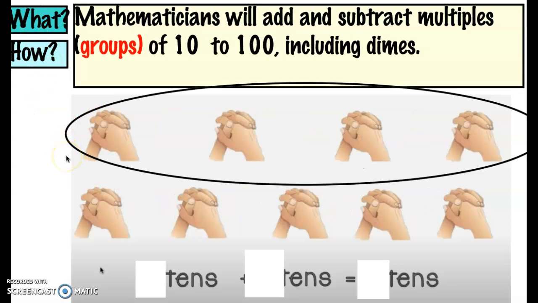So now we have groups of tens. So each one is a group of 10. 2 hands together gives you 10 fingers. So this is a group of 10. So we have 10 in here, 10 here, 10 here, 10 here. So how many groups of tens do we have on the top? We have 4 groups of tens. How many groups of tens do we have on the bottom?